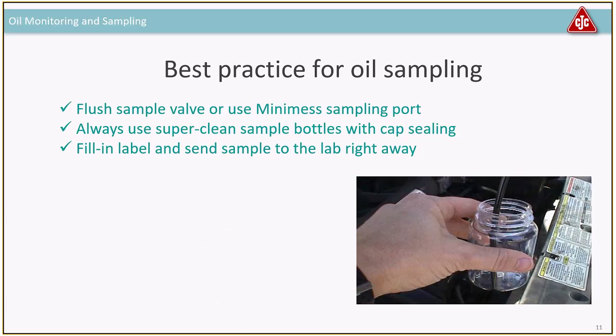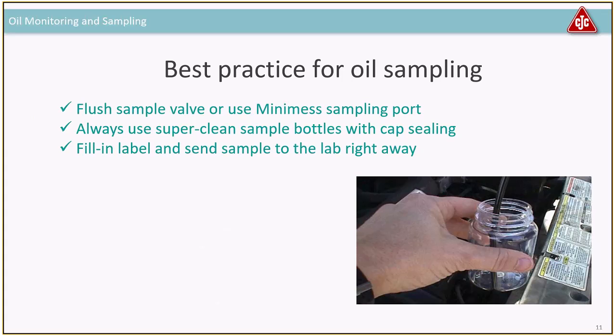When you're doing sampling, it's very important that you take a representative sample. That means you have to do your utmost to take a sample that shows what is in the oil in the system, not just what was in the flush or the valve you're using. So you need to flush the sample valve or the sample cock, and use minimess, for example.